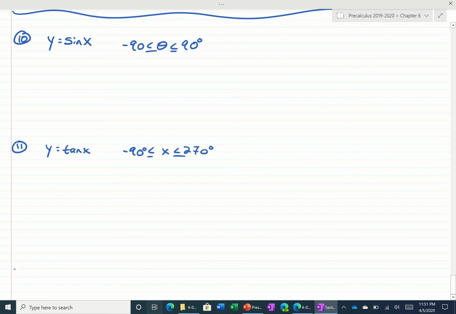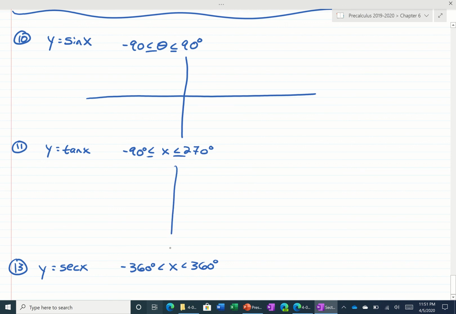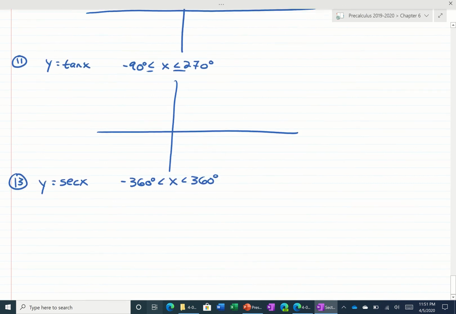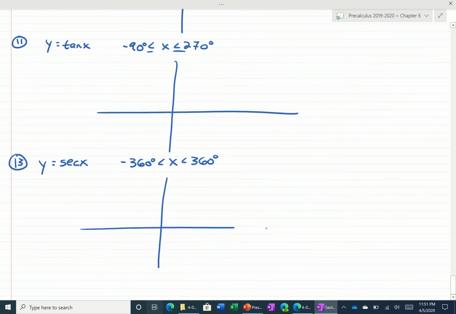And then number 13, Taylor Swift's favorite number, wants us to graph secant between negative 360 and positive 360. And in order to do that, we have to figure out what cosine looks like. Just kind of setting things up.